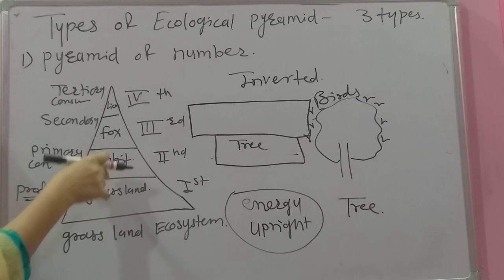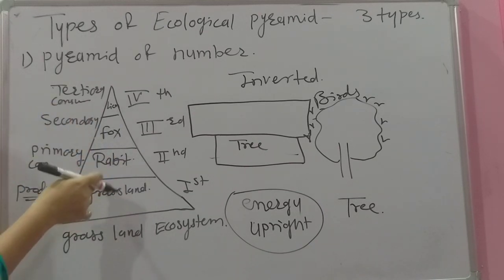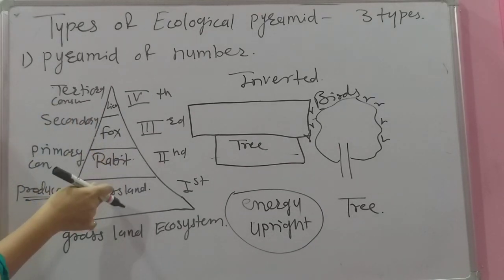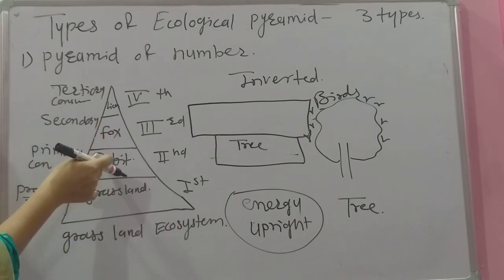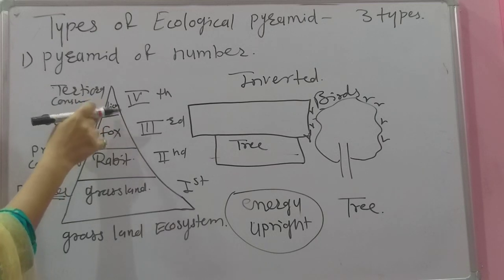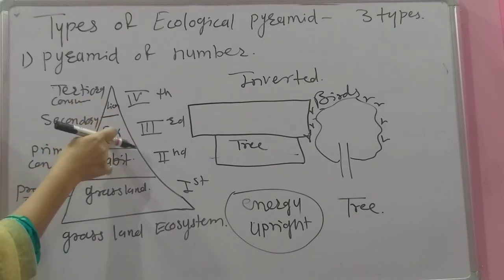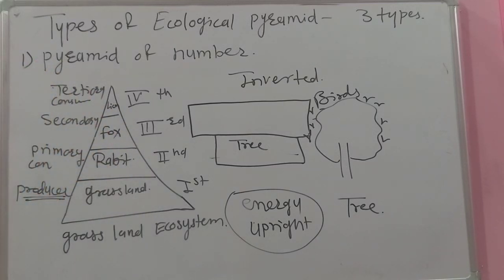In the upright pyramid, energy is also upright, meaning the rabbit eats the grass, then energy is transferred. The fox eats the rabbit, the energy is also transferred. Then the lion eats the fox, then energy is transferred to the next trophic level.